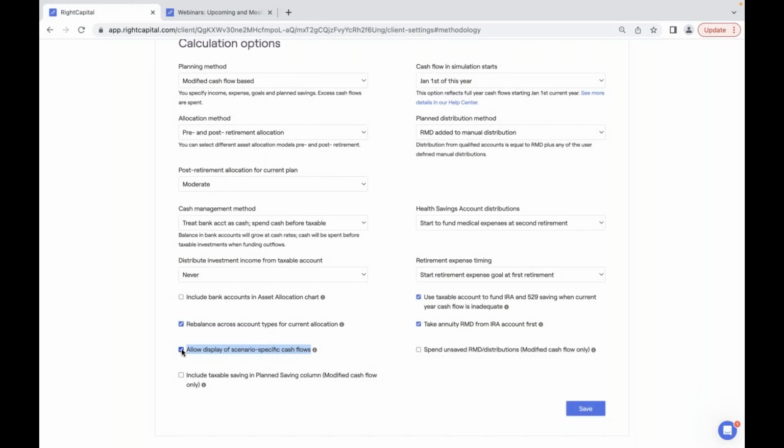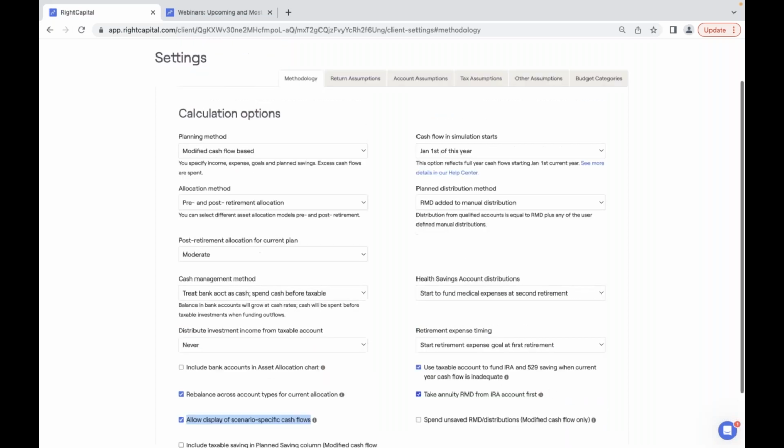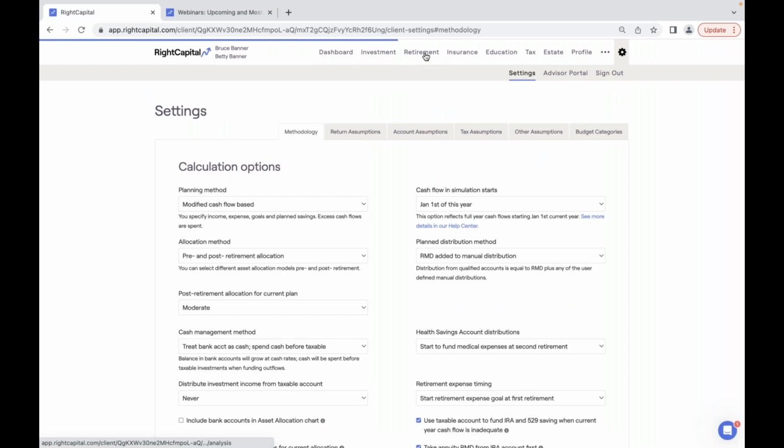So some advisors are utilizing this pretty effectively, and this is a setting called Allow Display of Scenario Specific Cash Flows. And scenario specific basically just means you get to build your own rates of return or use a default rate of return to customize the outflows.